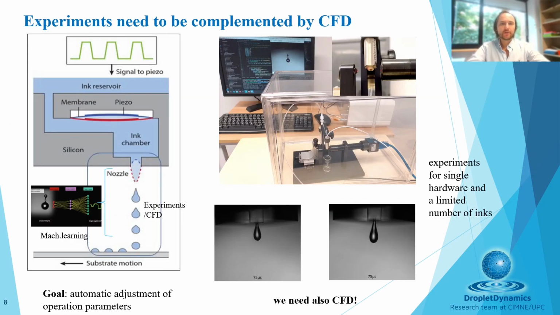But on many occasions, the experiments are not sufficient. In which sense? We cannot embrace with our experiments all the possible situations or all the possible ink properties, because we have limited access to the inks. So in those cases, and also in case you want to analyze some phenomena that are difficult to capture, such as impact of the droplet against substrate, we have to also go for the CFD simulations.